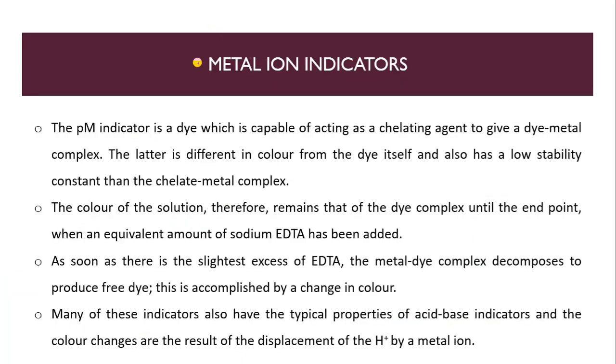Now we will see metal ion indicators. So what is a metal ion indicator? A pM indicator is a dye, a dye which is capable of acting as a chelating agent.